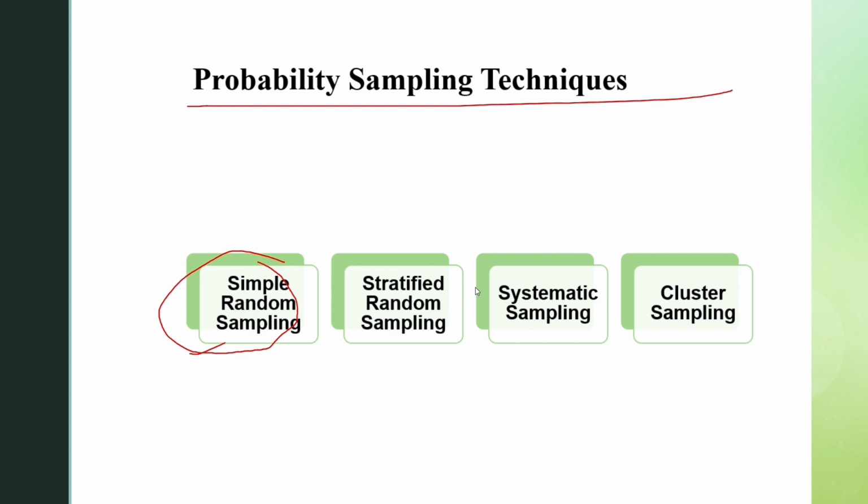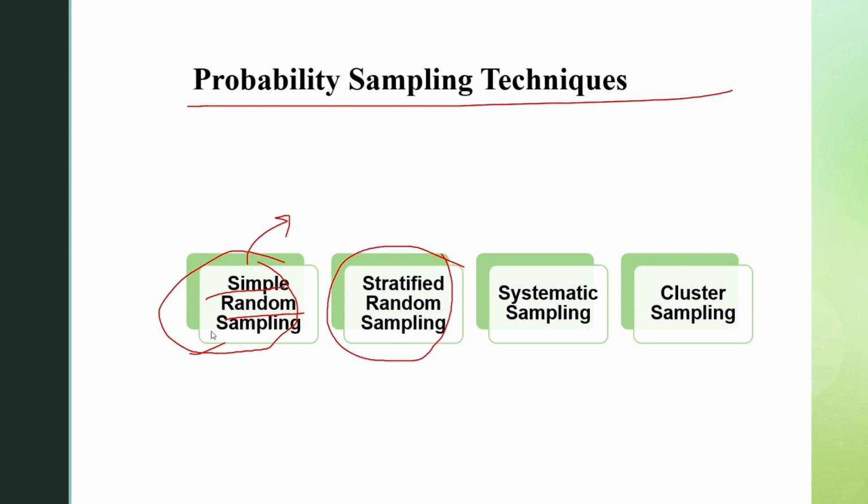Next, we have stratified random sampling, which divides the population into homogeneous subgroups based on a certain character. In simple random sampling, we select individuals completely randomly, and there is an equal chance of selecting any individual.